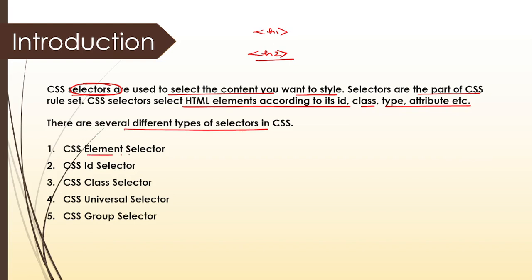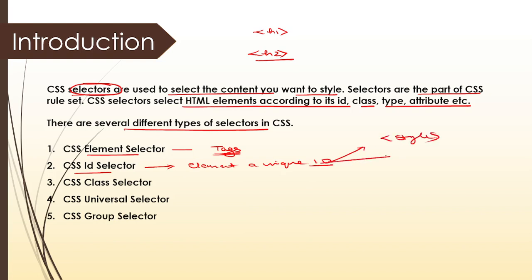The first type is the element selector, where we directly use the element from HTML. That means we directly use the names of the tags. Another type is the ID selector. In the case of an ID selector, we always give every HTML element a unique ID, and in the style tag, we always write this particular ID name.